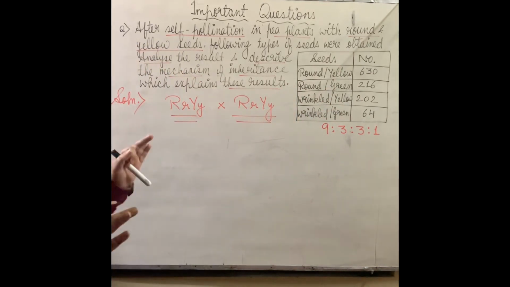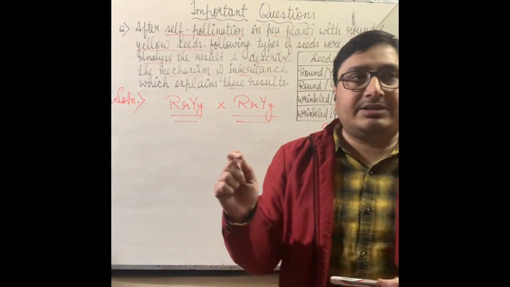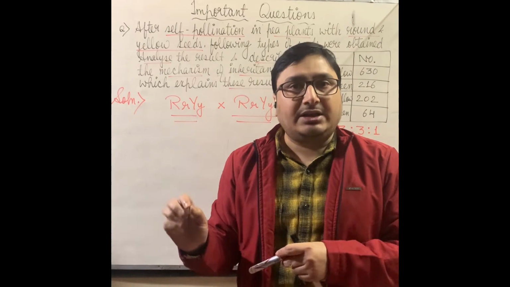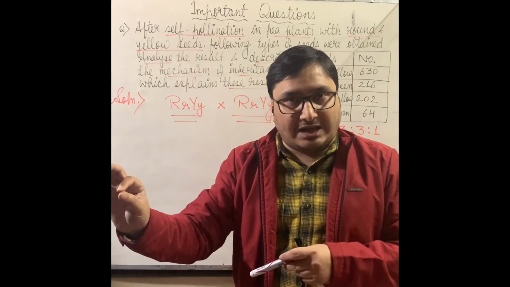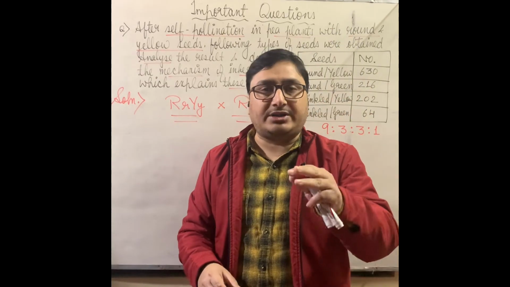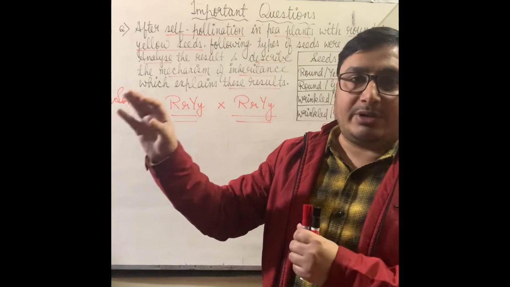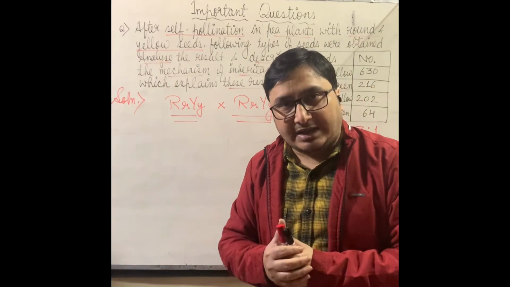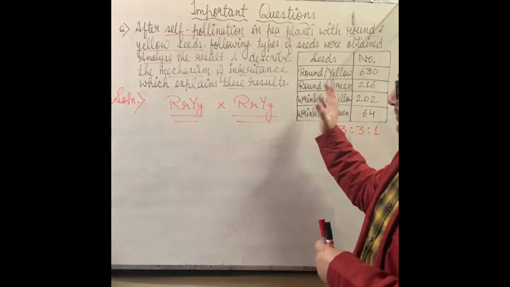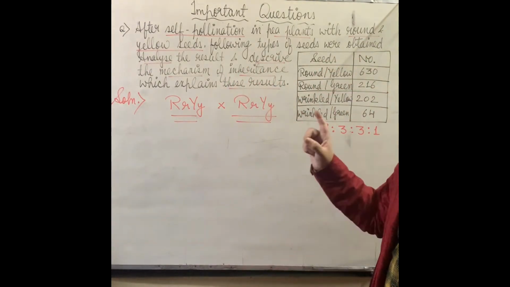So now, how to write down this answer? You will be writing that this is a dihybrid cross and write the statement of dihybrid cross. I have told you that the statements of the three laws are there in the description box. You can write down that statement. So this is the dihybrid cross, and then you write down the statement of the dihybrid cross. And then you will have to explain. So what are you going to explain?